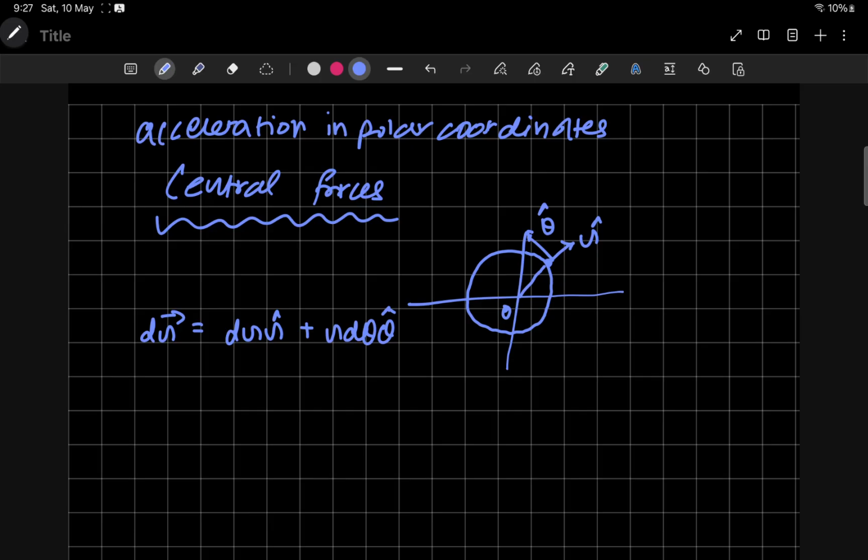Then we went along and defined velocity, which is basically the time derivative.